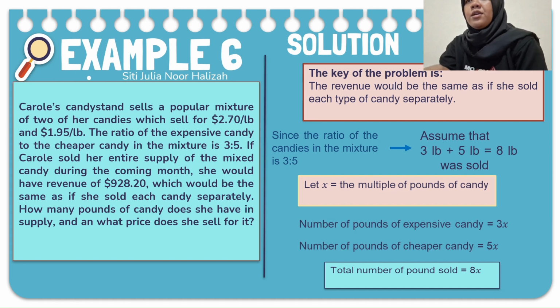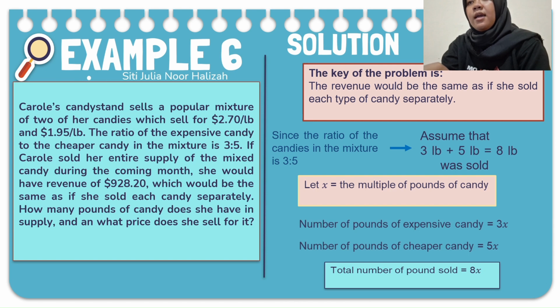Okay, this is the solution. The key of the problem is the revenue would be the same as if she sold each type of candy separately. Next, since the ratio of the candies in the mixture is 3 to 5, assume that 3 pounds plus 5 pounds is 8 pounds was sold.